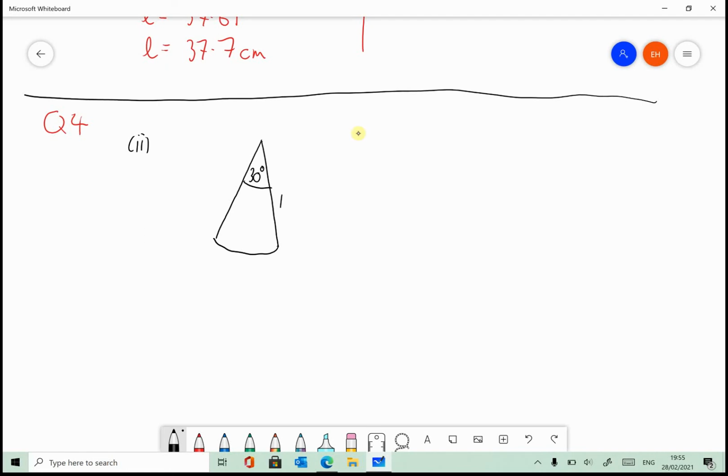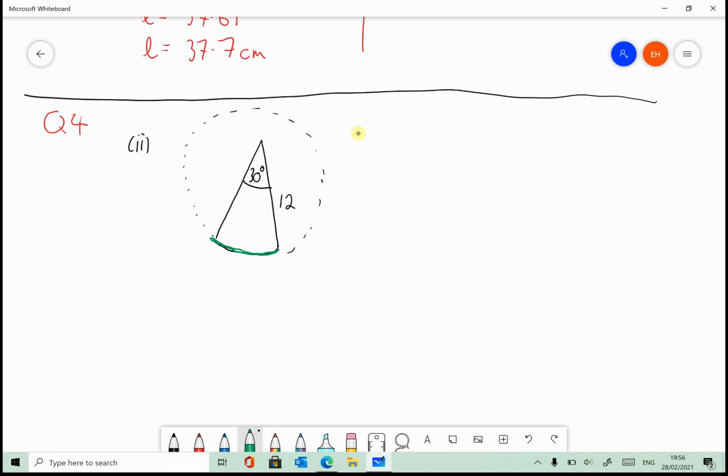And we're told that the radius, if we were to continue this arc all around, it's a terrible circle, but the radius is 12 centimeters. Okay. Now, I'm going to start thinking about this arc here, that arc there, as being a fraction or a part of a full circle.